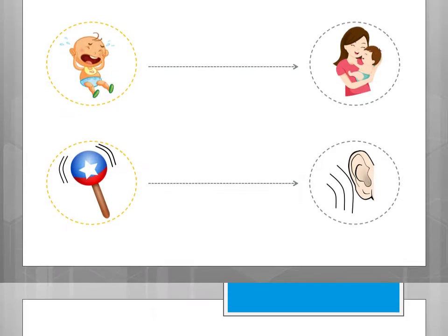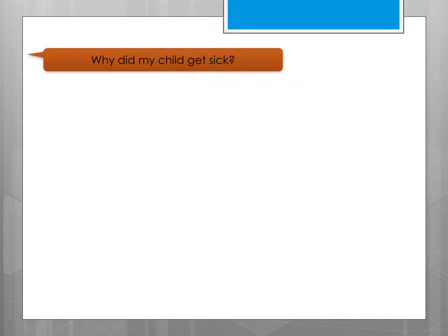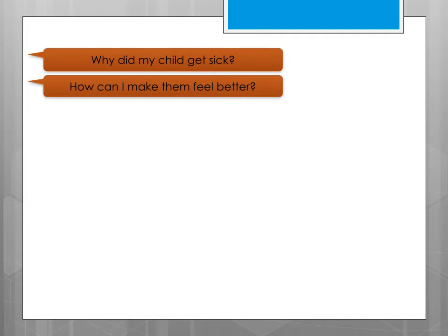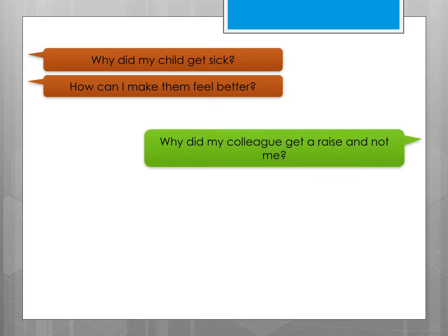As human beings, we are all naturally curious and like to ask why something happened or how did something happen. When your child gets sick, you want to know why did they get sick? And you also want to know how can you make them feel better? If your colleague gets a raise, you'll naturally ask yourself, why did my colleague get a raise and not me?